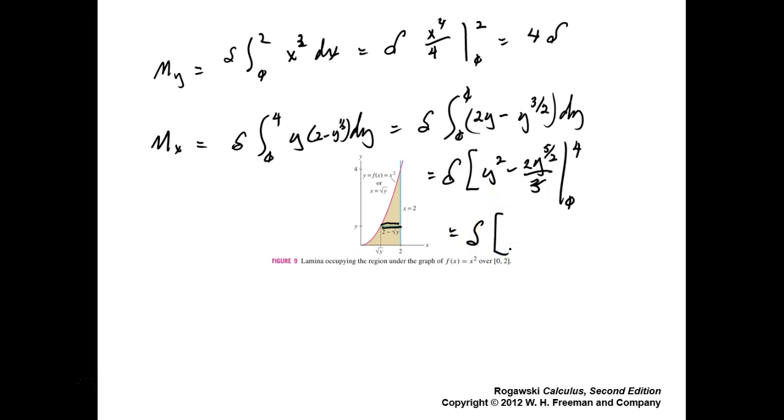Okay, when you plug in a 4 there, what do you get? 16 minus. Now, what I like to do is take the square root first. So the square root of 4 to the 5th is 2, okay?